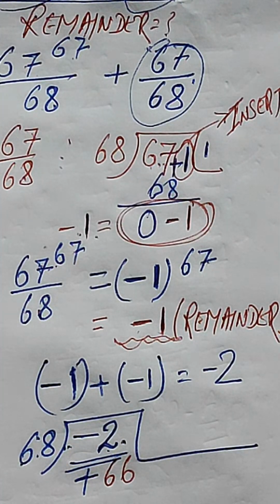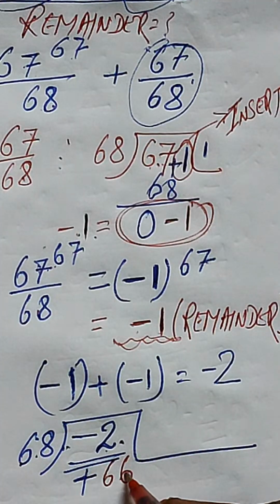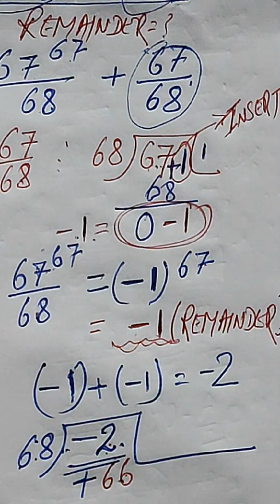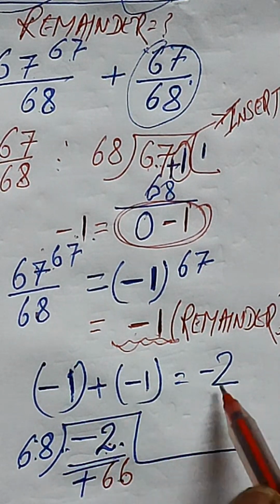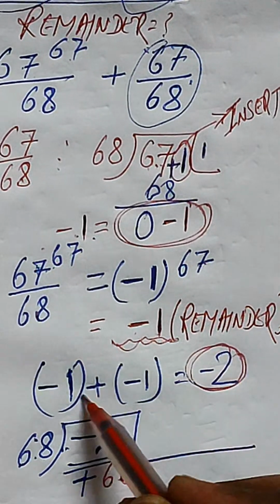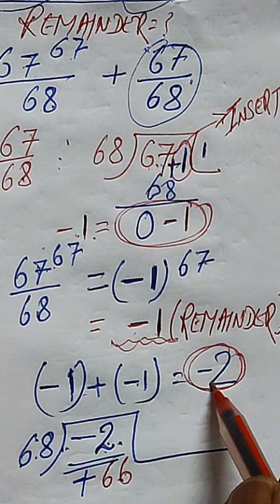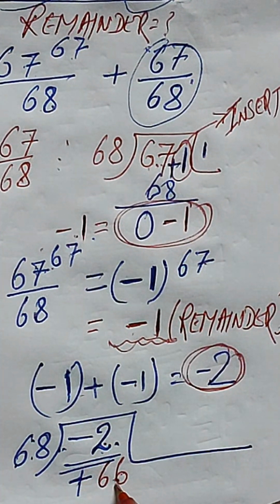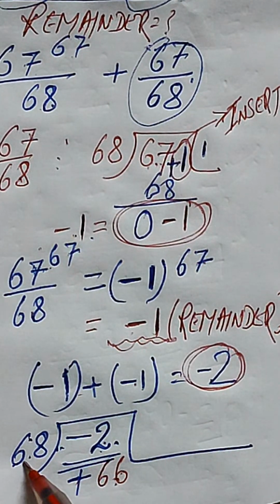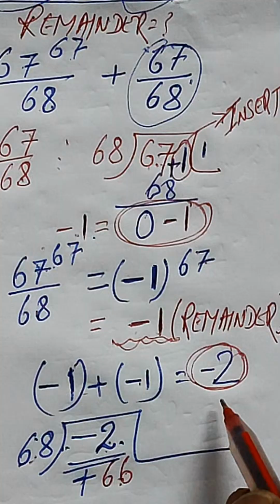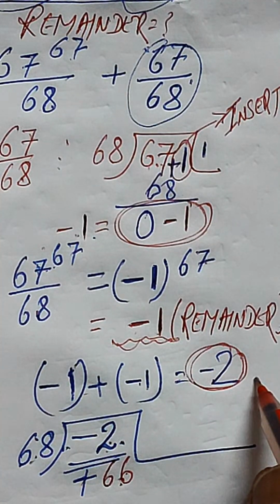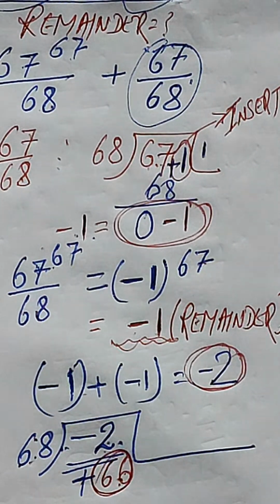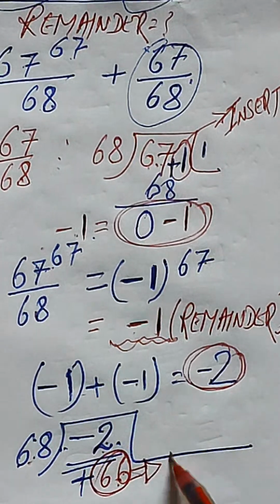So we can say simply that this minus 2 is the effective remainder over here, and it's divisible by 68, so the complete answer will be 66. Why? Because from 68 it would have been completely divisible when 66 is added. So that is effectively your remainder, 66. This is your effective remainder, right?